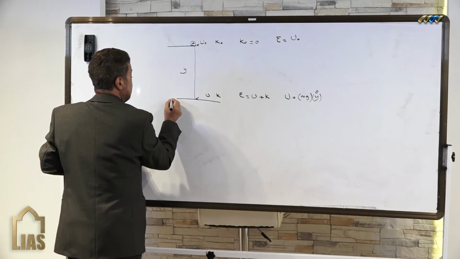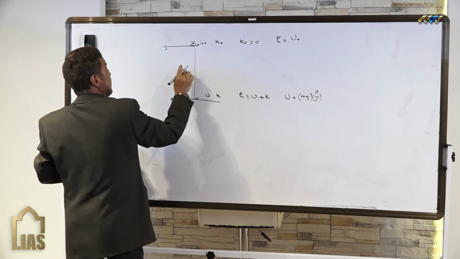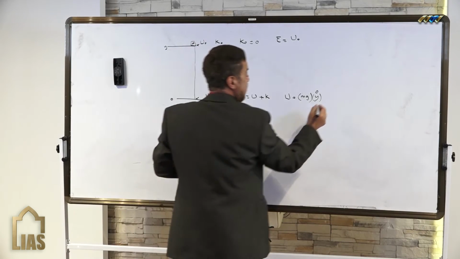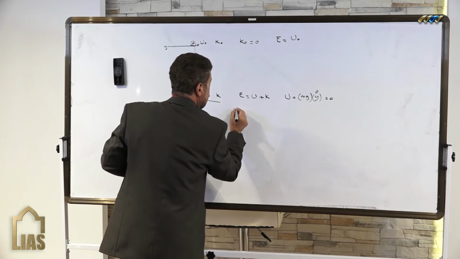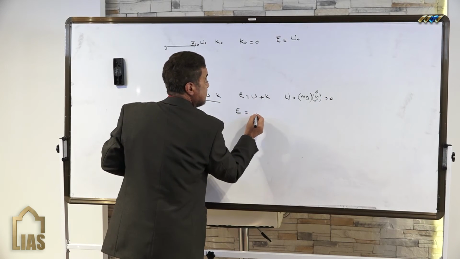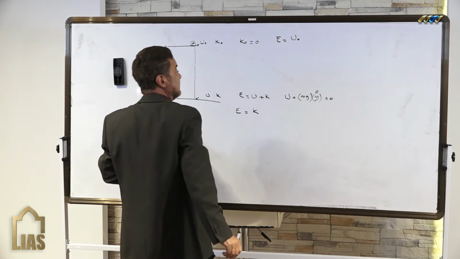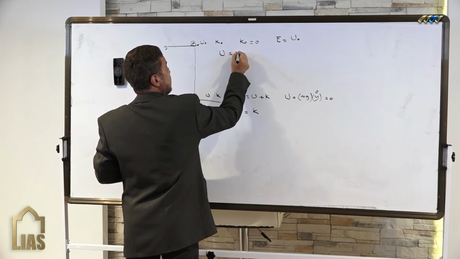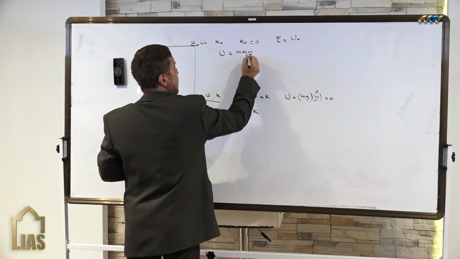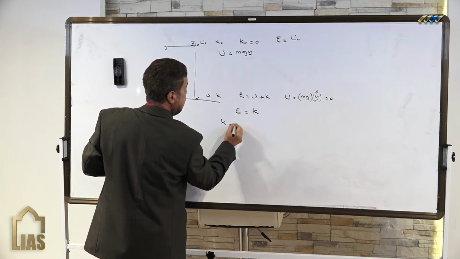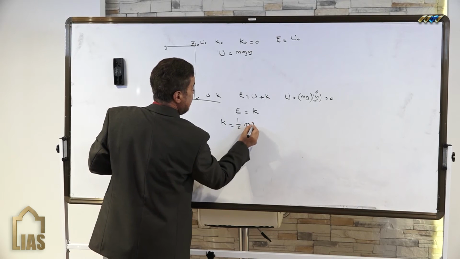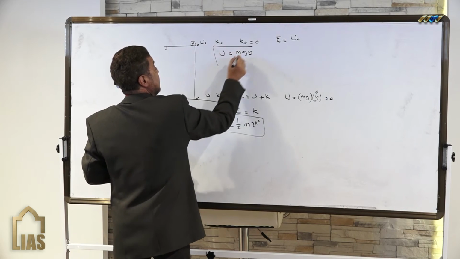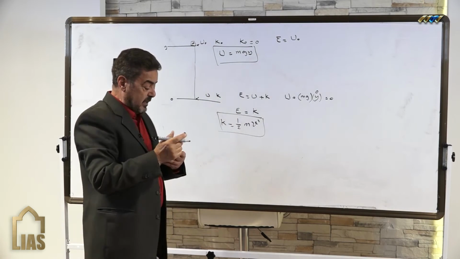This is 0 and this is Y. Okay. Then U is 0. Potential energy is only kinetic energy. The potential energy is mgy, and the kinetic energy is half mv squared. Okay.